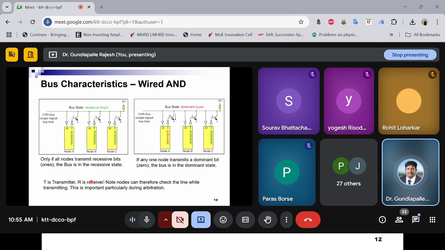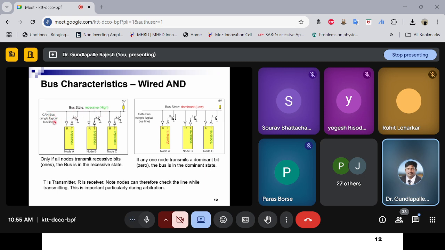Right. So now this is the actual internal structure, where you will be having the recessive state and dominant low state. If you see your recessive state, that is very high, the CAN single logic bus line.